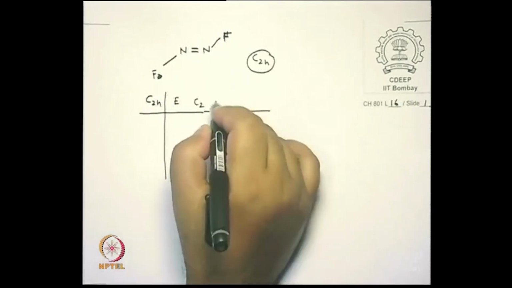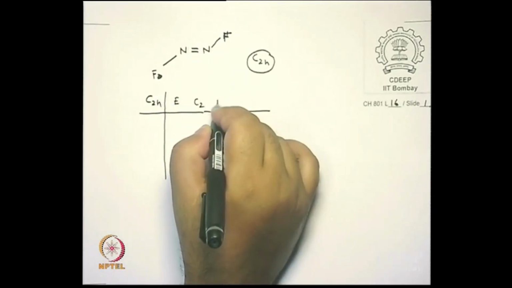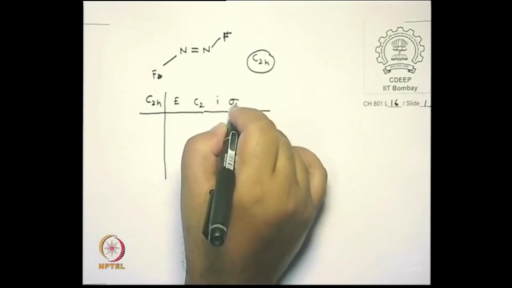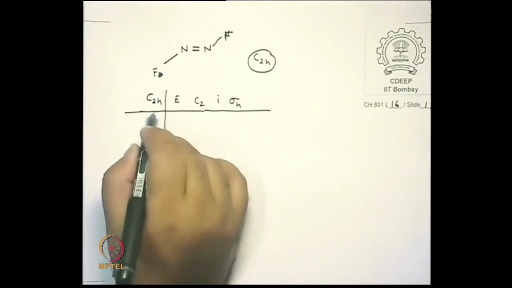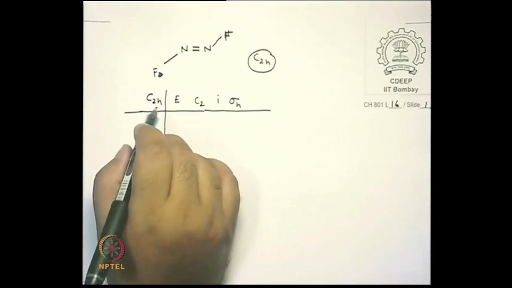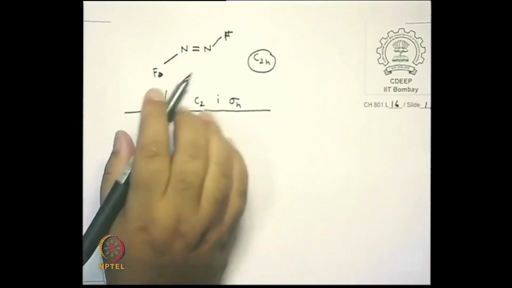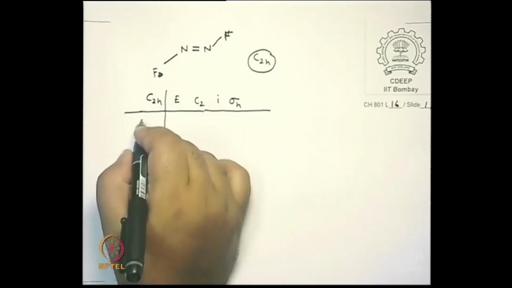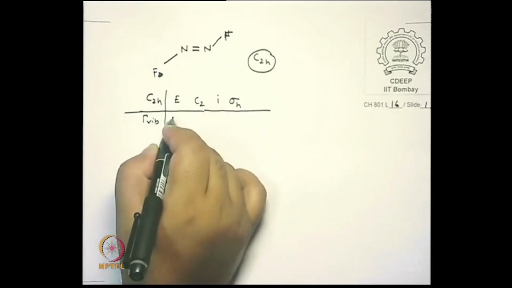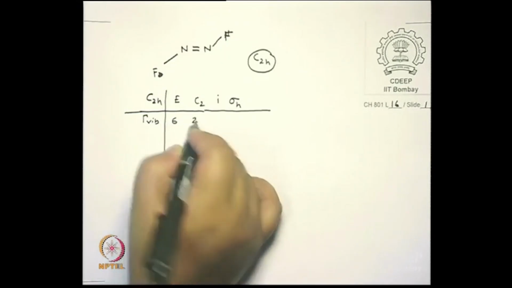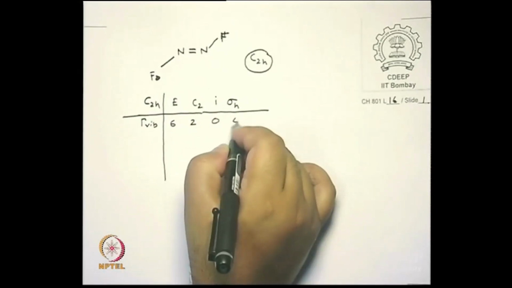Sigma h, very good. Now, what we said is that we had already constructed gamma wave. There is no problem with that, I believe, right? Tell me what is gamma wave? I wanted the characters. 6204, great.